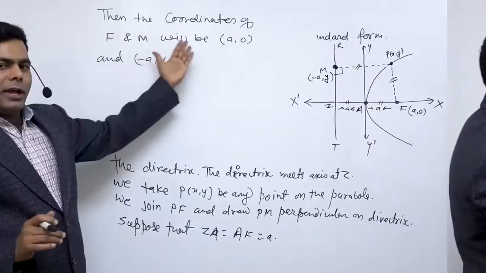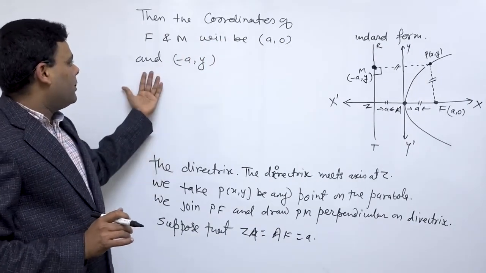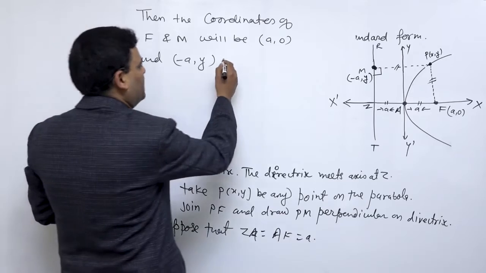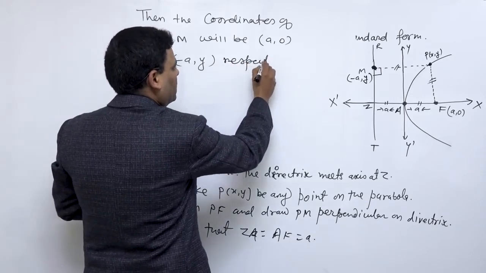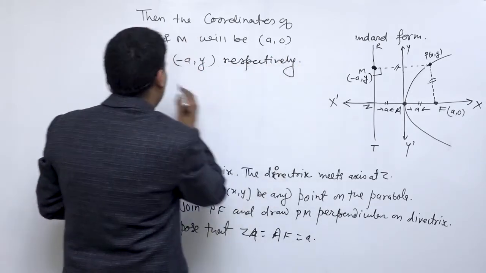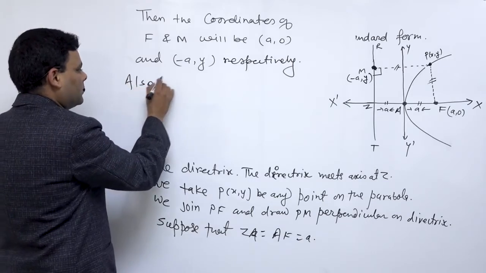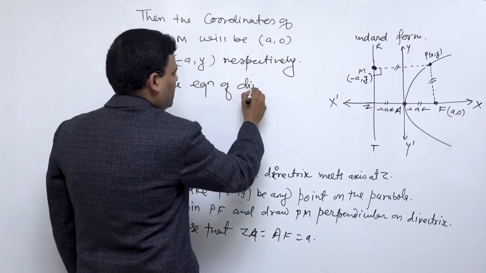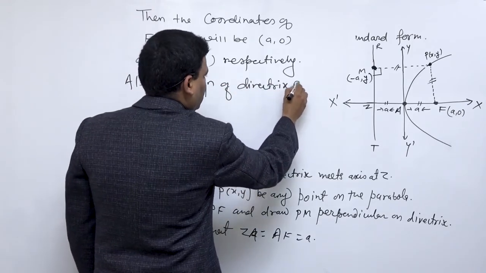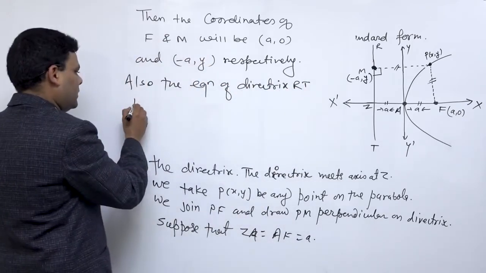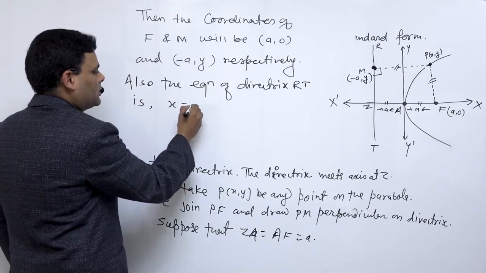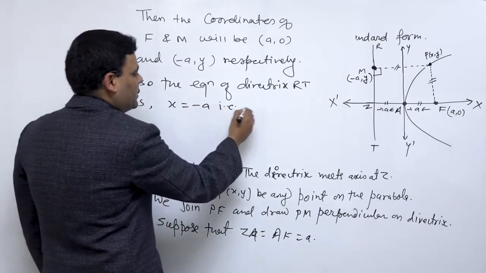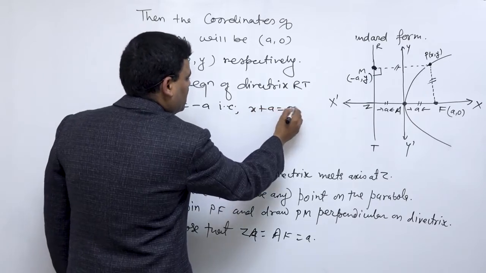So F and M will be (a, 0) and (-a, y) respectively. Also the equation of directrix RT is x equals minus a, that is x plus a equals 0.